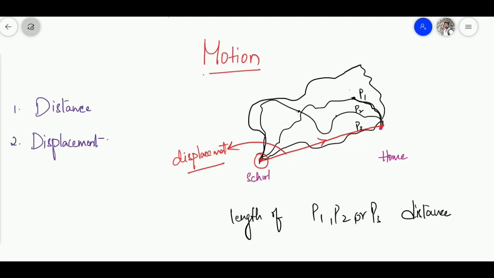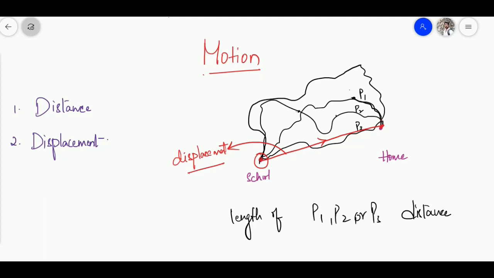But coming to the displacement, let's say your teacher asked, where is your home? In which direction is your home? The student would simply point his hand in a direction: Ma'am, in this direction my home is situated.